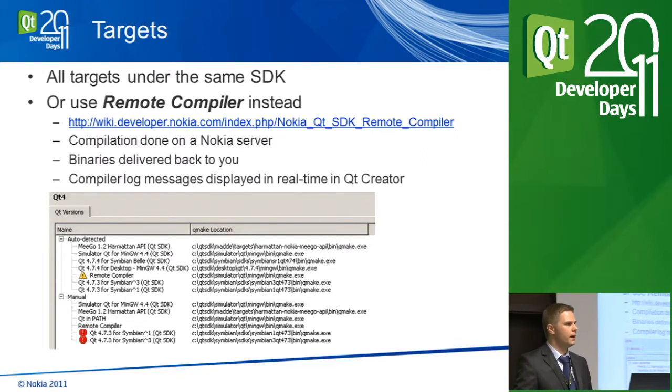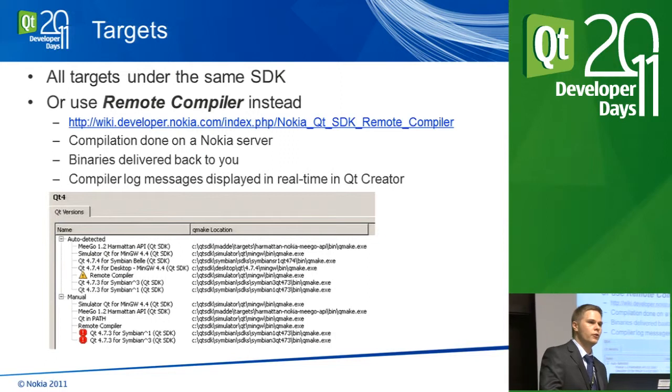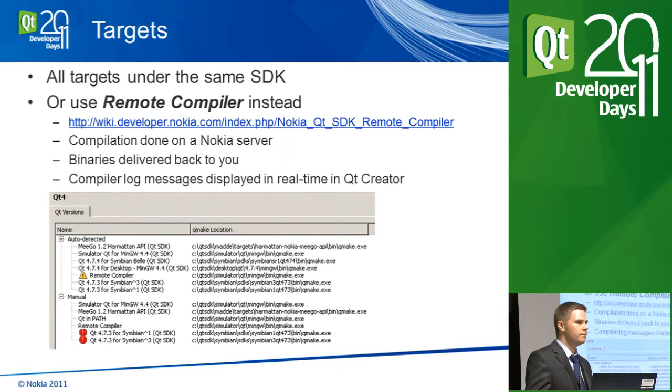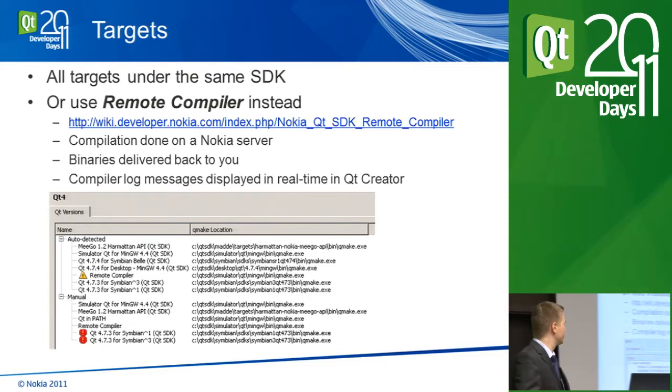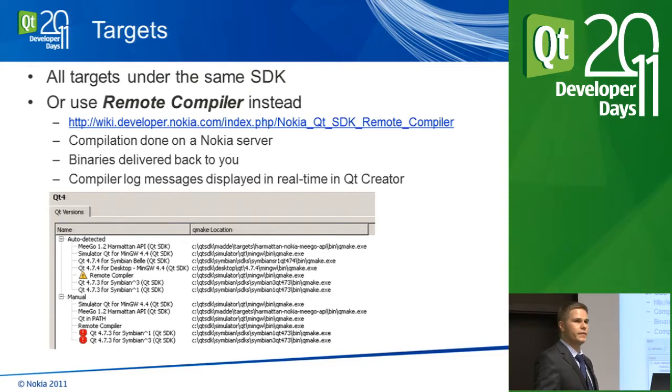But you can use Remote Compiler for that. Remote Compiler is a tool that enables you to build your applications remotely on Nokia's build server. When that's done, the binaries will be sent back to you.